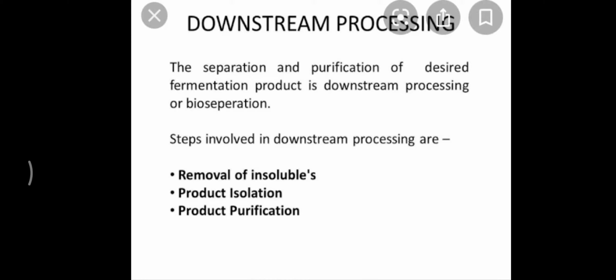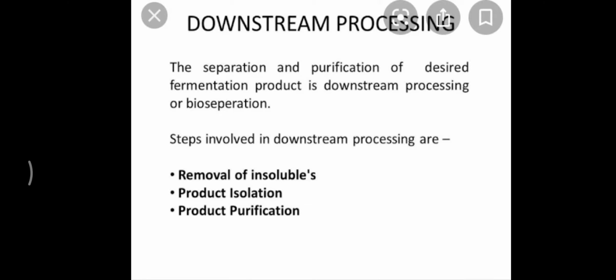So basically the downstream process includes all those processes where the separation and purification of the desired product is done, and during the downstream processes all the insoluble things are removed from the protein or the product that is obtained.